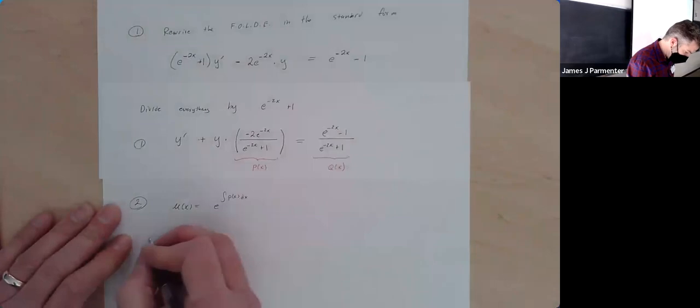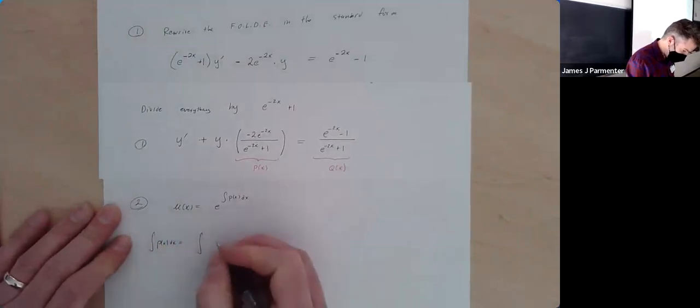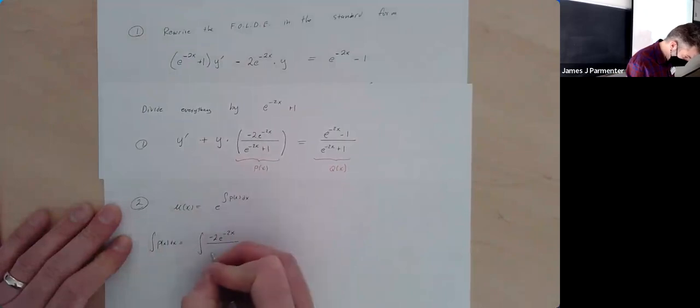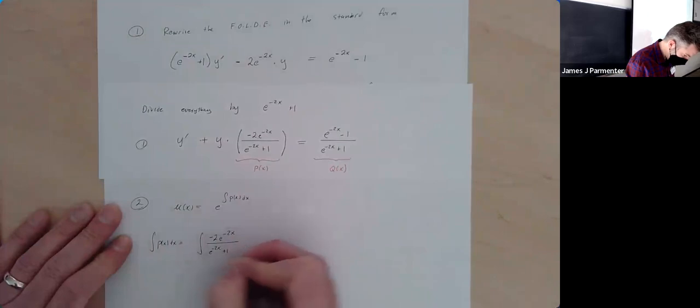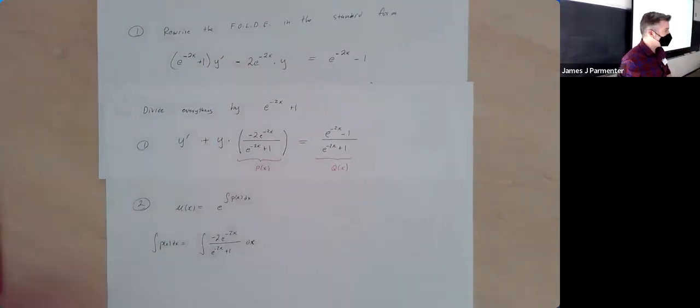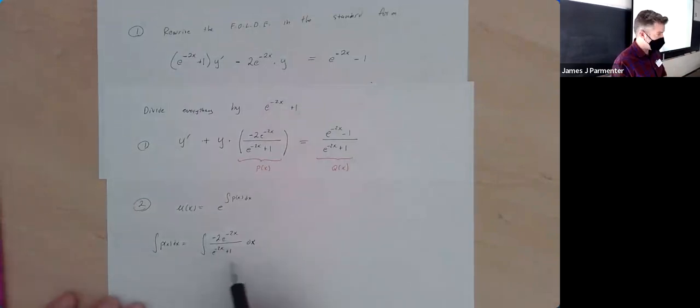So let's find the integral of p of x, which is the integral of negative 2 e to the negative 2x over e to the negative 2x plus 1 dx. This is certainly set up to be an easy use substitution, because hopefully we can all recognize that the derivative of the bottom part is exactly the top part.